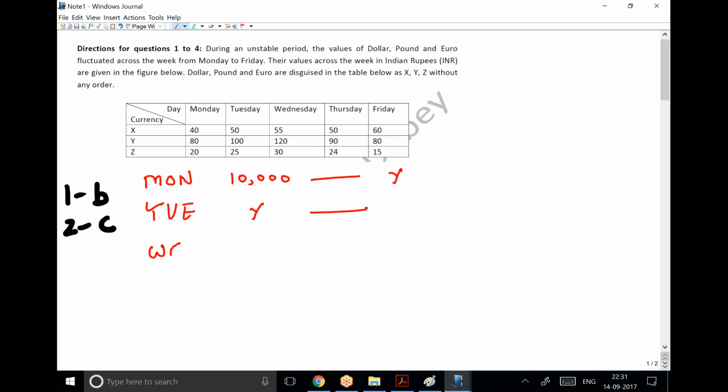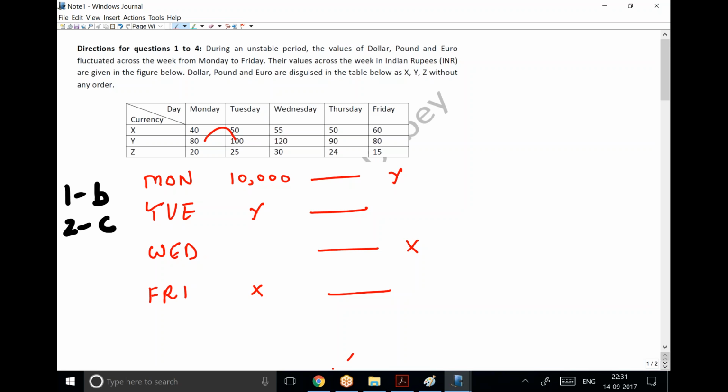Whatever amount he earns, this INR he will convert into X, and on Friday this X will get converted into INR. This is exactly what is given to us. So you can immediately see that because Y is fixed here, from here to here there is an increase of 25%.